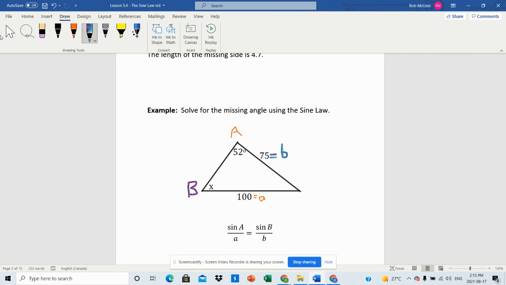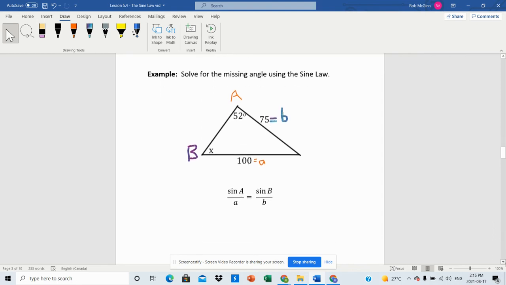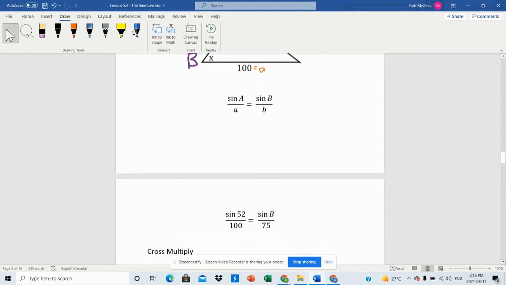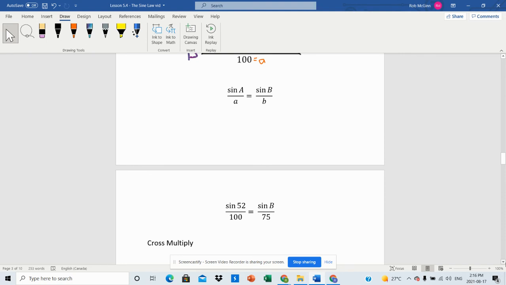So now what am I going to do? I'm going to make sure I set up my sine law accordingly. So sine 52 over 100 equals sine of our unknown angle B divided by 75.